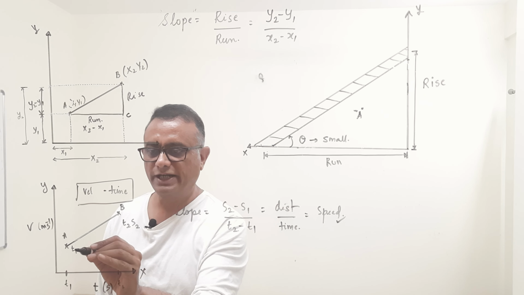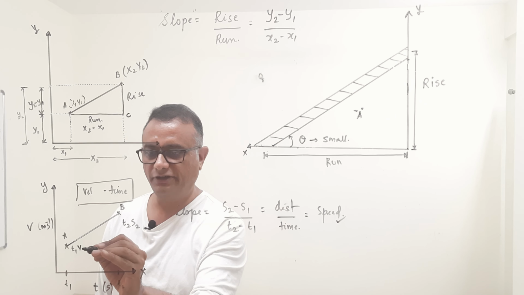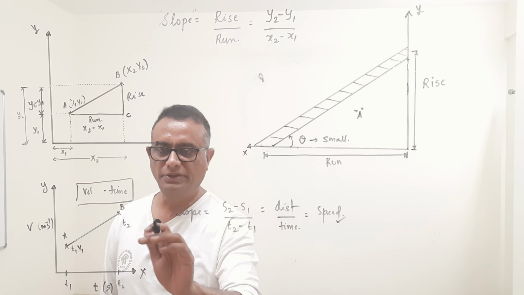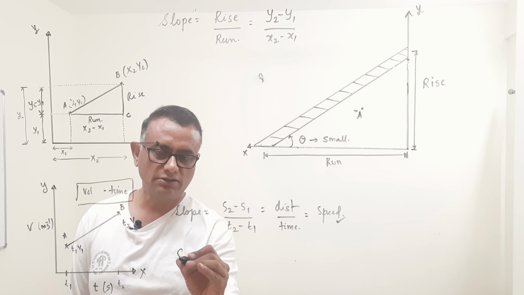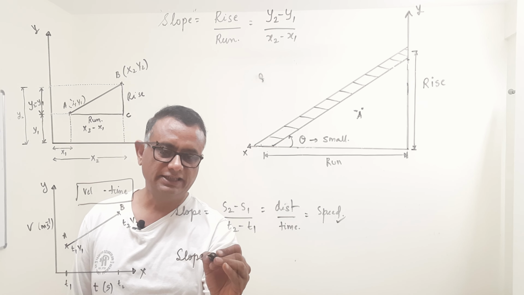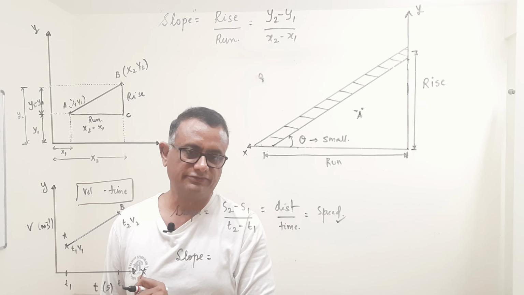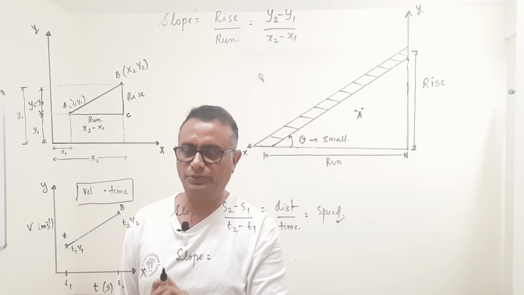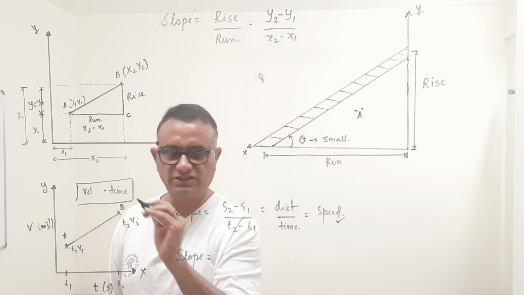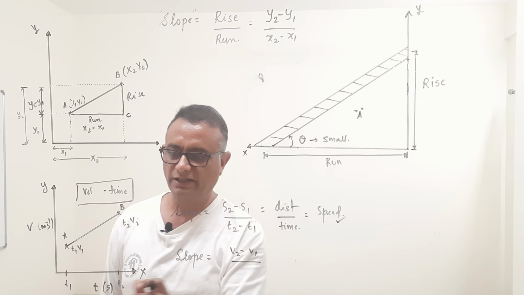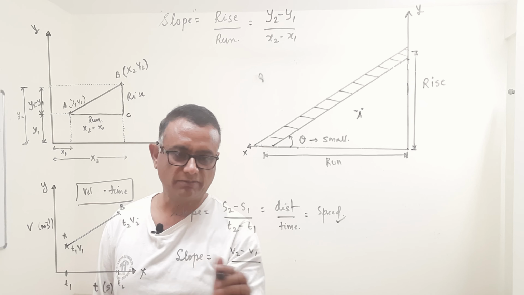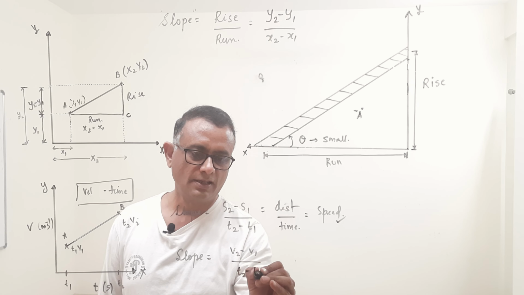So coordinates of A will be t1, v1, and B will be t2 and v2, right? So what would the slope signify in the case of a velocity time graph? So let's put what slope is. Slope is once again the difference in the y coordinates, which is nothing but v2 minus v1, divided by the difference in x coordinate, which is nothing but t2 minus t1, right?